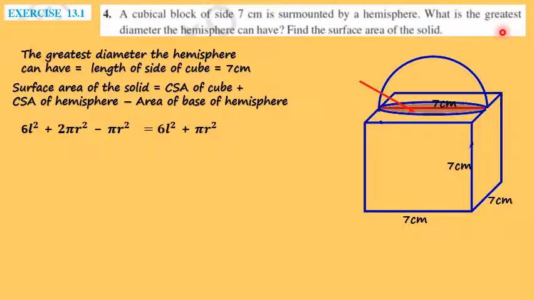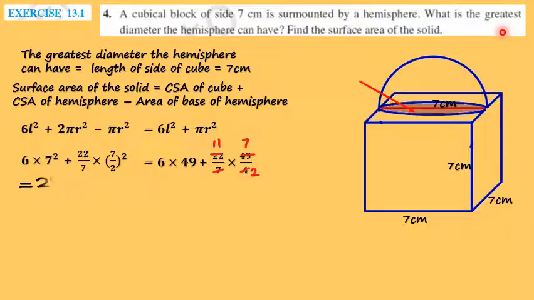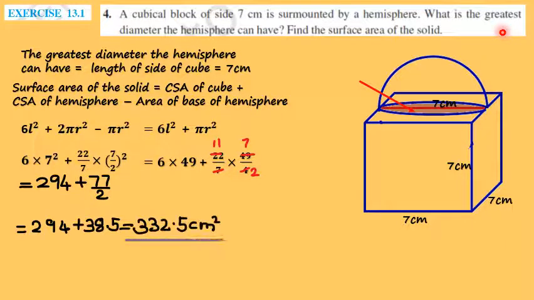So it is equal to 6L square plus pi r square. Now L we know, r we know, so we just have to apply the values. So it is 6 into 49 is 294 plus 77 by 2, that is 294 plus 38.5, which is equal to 332.5 centimeters square.